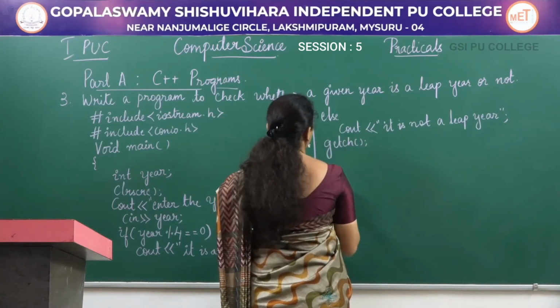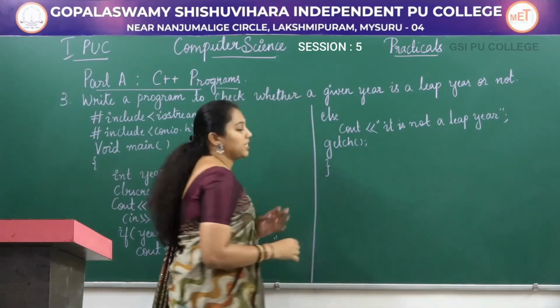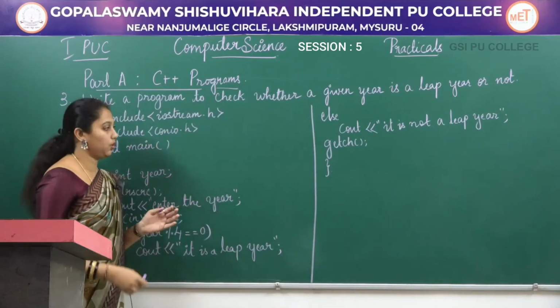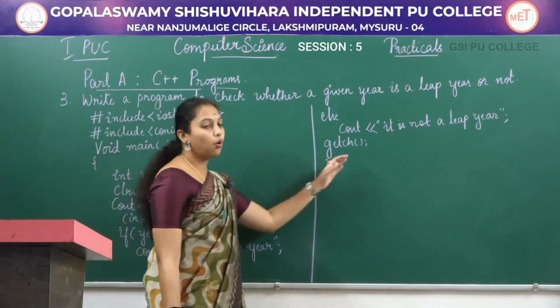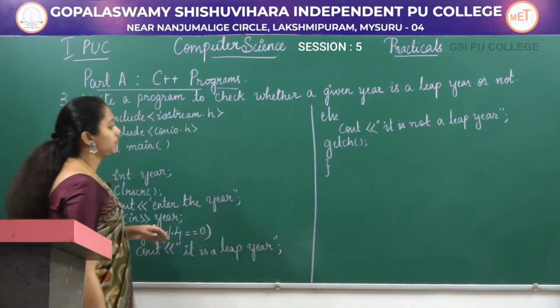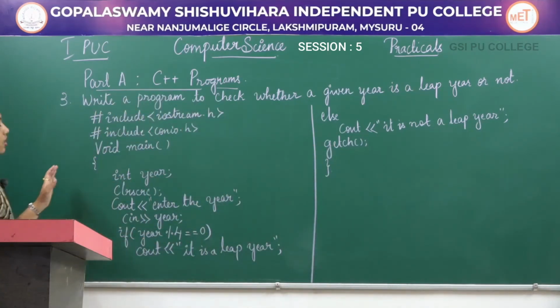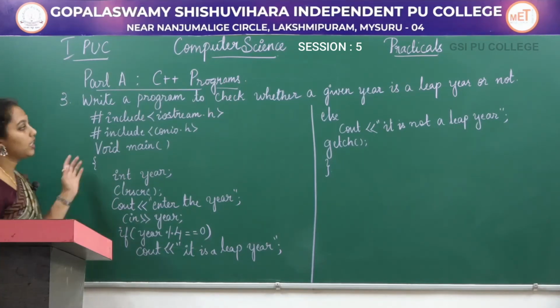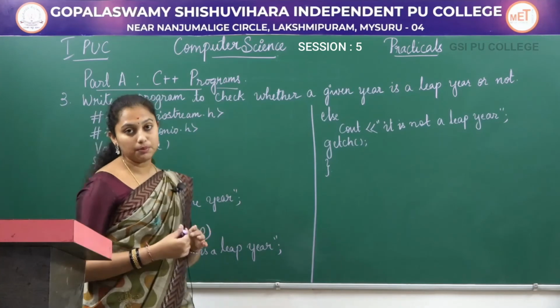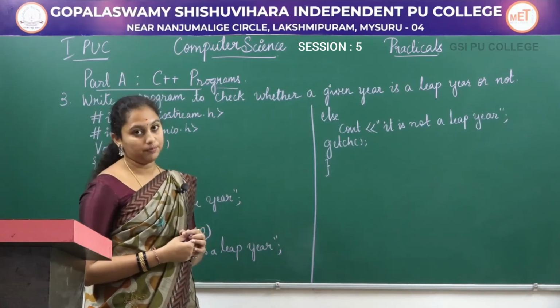Getch waits until the user presses any key on the keyboard. It will hold the screen. So this is the C++ program to check whether a given year is a leap year or not.